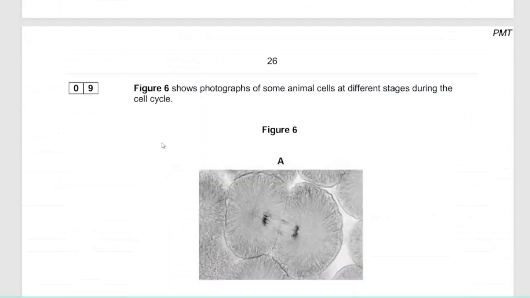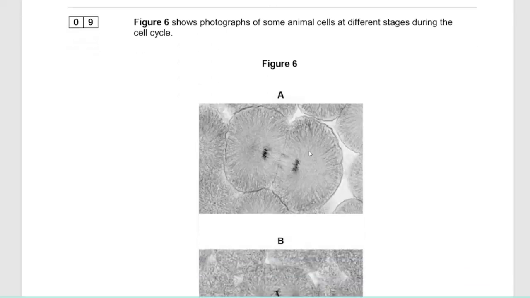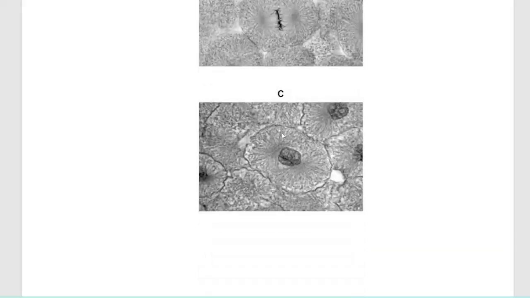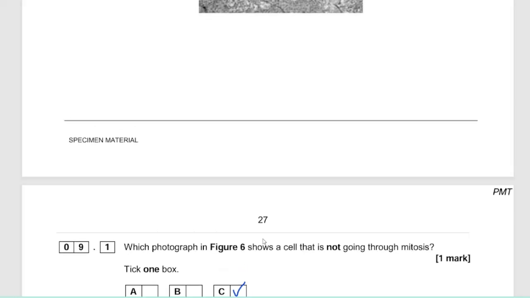Now, moving on to question 9. Figure 6 shows photographs of some animal cells at different stages during the cell cycle, and you're just shown figure A, figure B, and figure C. Which photograph in figure 6 shows a cell that is not going through mitosis?